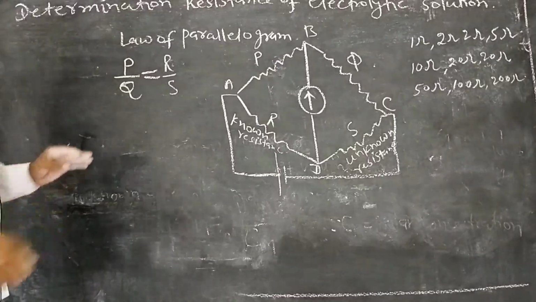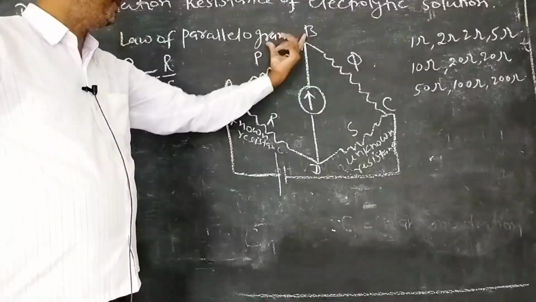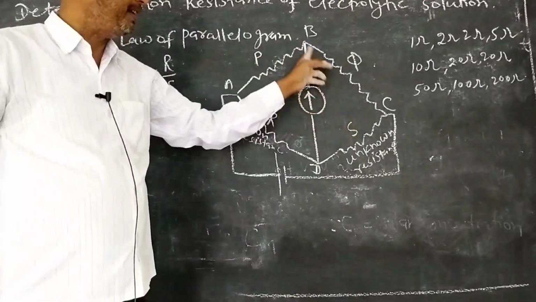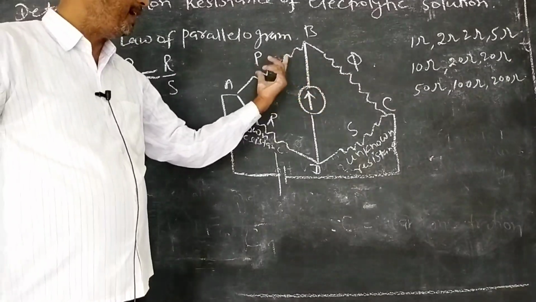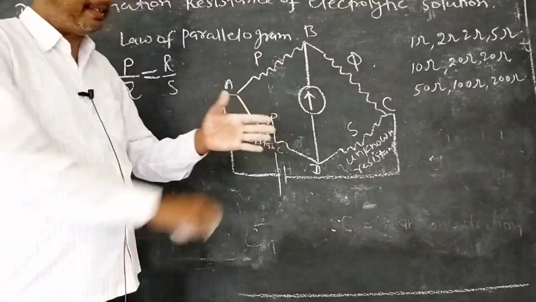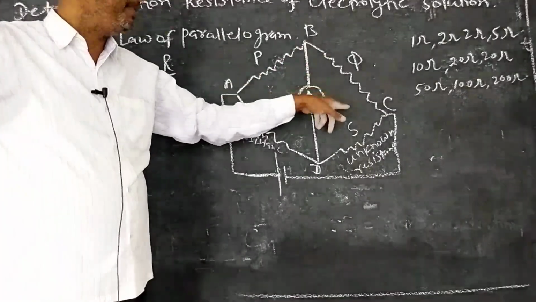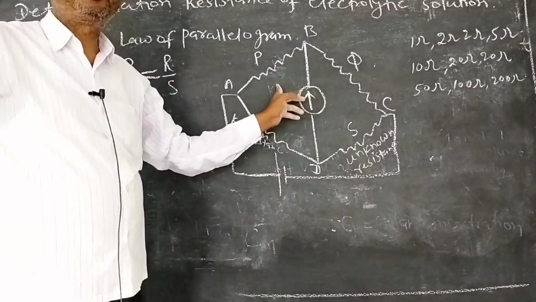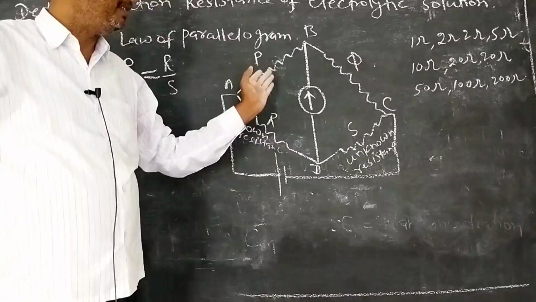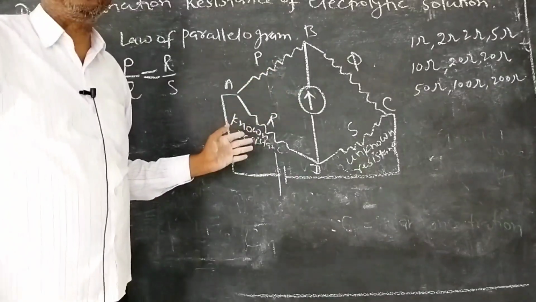So when resistance of AB side is P and resistance of BC side is Q, P and Q are resistances that depend on the length of conductor. They will be obtained with the help of meter bridge. It is a kind of apparatus, meter bridge.